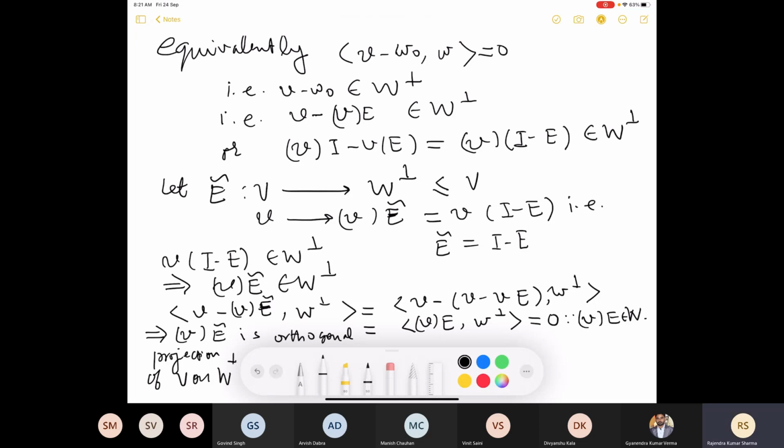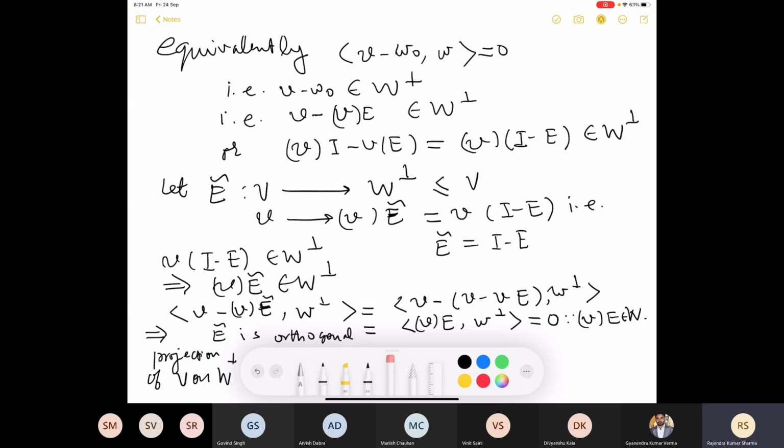And since that happens for every V, this is what it is. Therefore, this map E tilde is the orthogonal projection of V onto the orthogonal complement. So what we have seen is that if E is an orthogonal projection of V onto W, then E tilde is the orthogonal projection of V on its orthogonal complement.